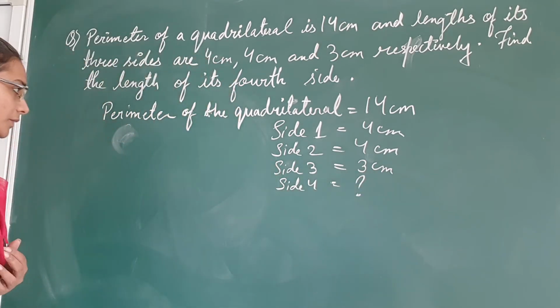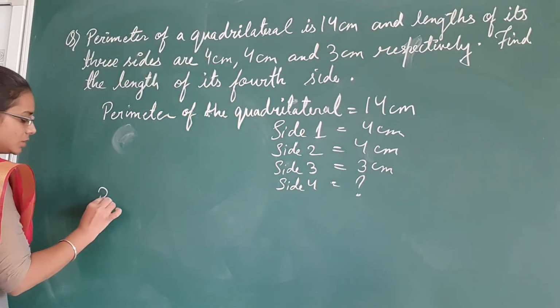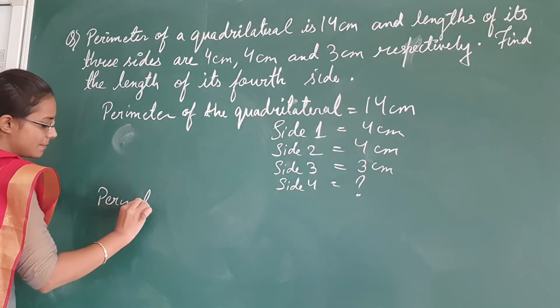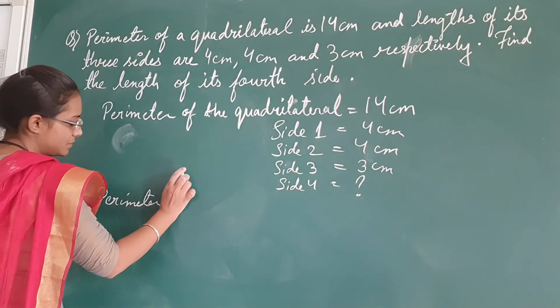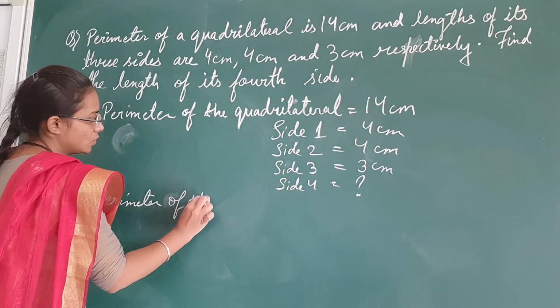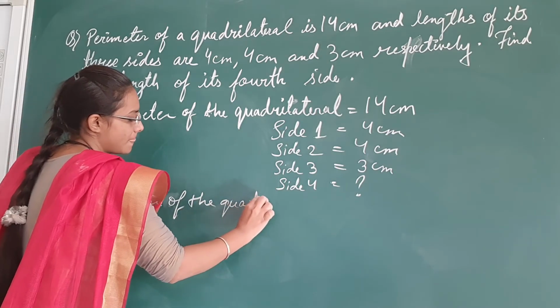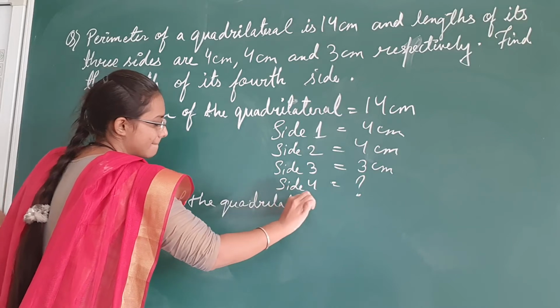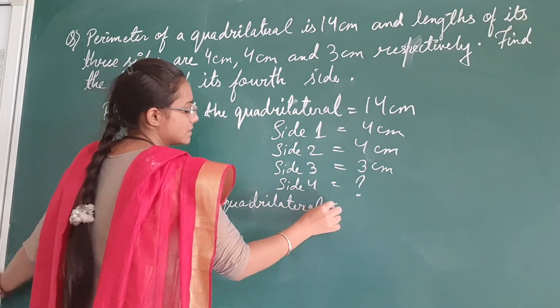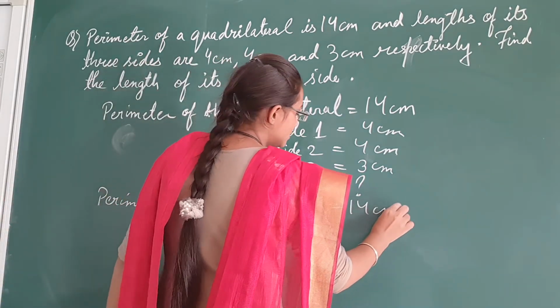Okay, so for this, we know that the perimeter of the quadrilateral given here is equal to 14 centimeter.